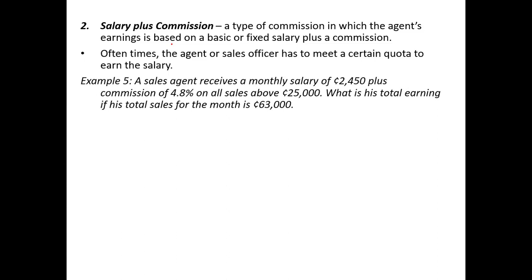So let's take this practical example. A sales agent receives a monthly salary of 2,450 plus commission of 4.8% on all sales above 25,000. What is his total earning if his total sales for the month is 63,000? Now take a look at this question carefully.